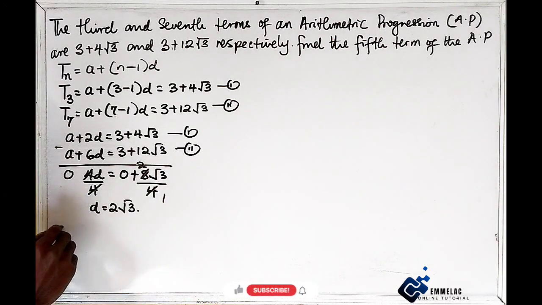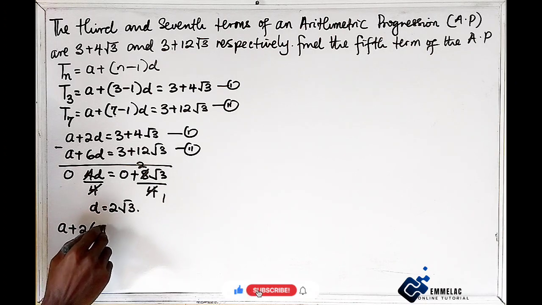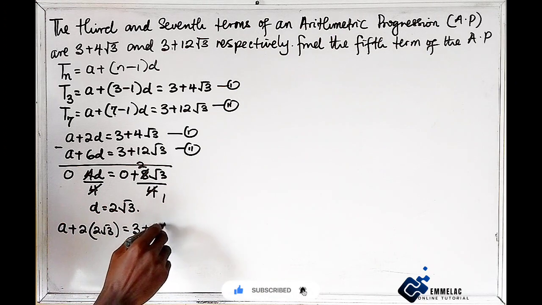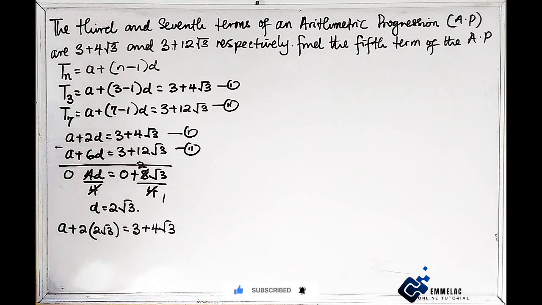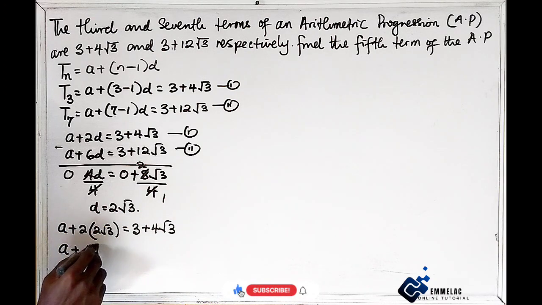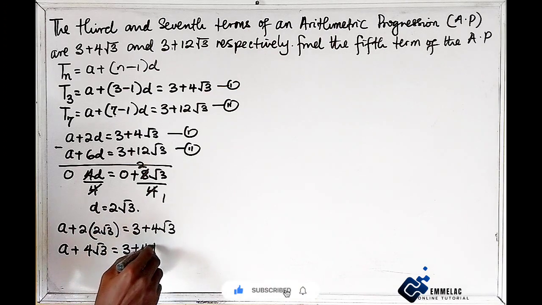So here we have A plus 2 times 2 root 3 equals 3 plus 4 root 3. So you have A plus 2 multiplied by whatever is in the bracket, which gives us 4 root 3, equals 3 plus 4 root 3.